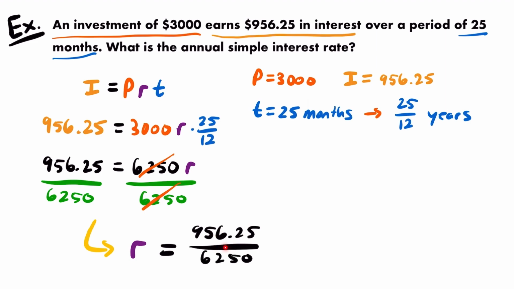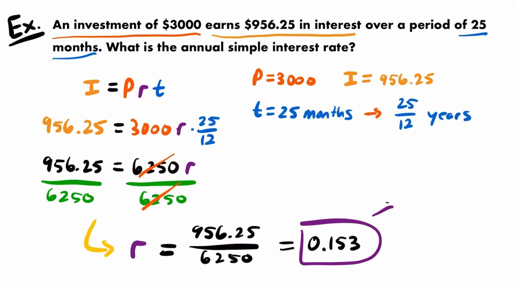And you definitely want to put that into a calculator. And if you do, you will find that the annual simple interest rate is 0.153, at least as a decimal, but typically the simple interest rates are given as a percentage. So while this is the correct answer, you could definitely box that in. It might be helpful to also write it as a percentage. So you can do that by either multiplying this value by 100 or by just moving the decimal place 2 places to the right.